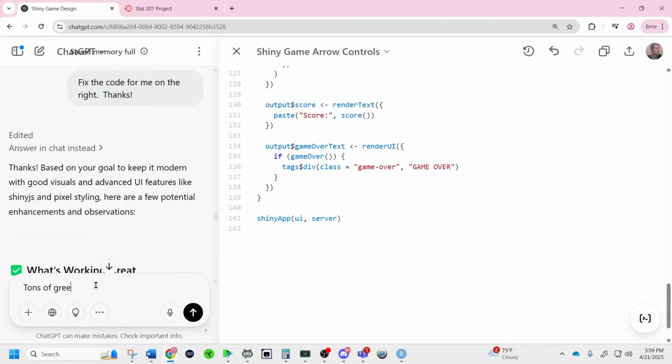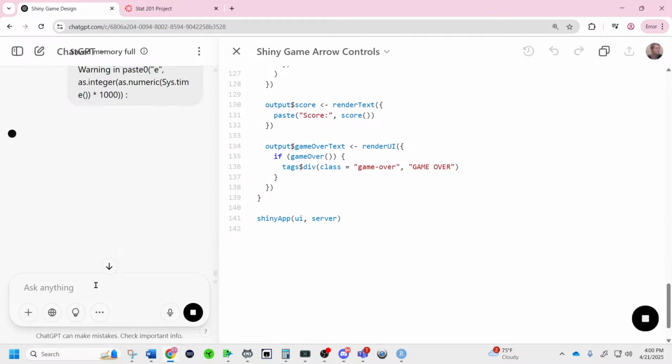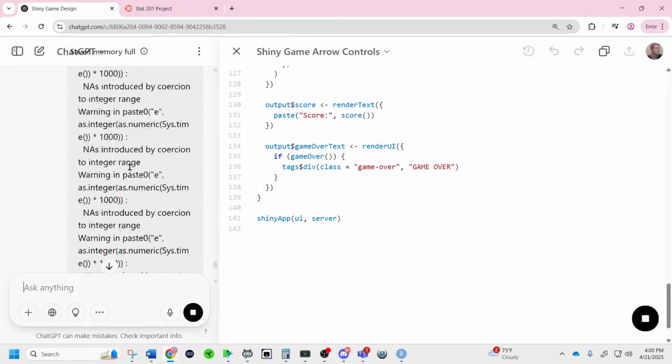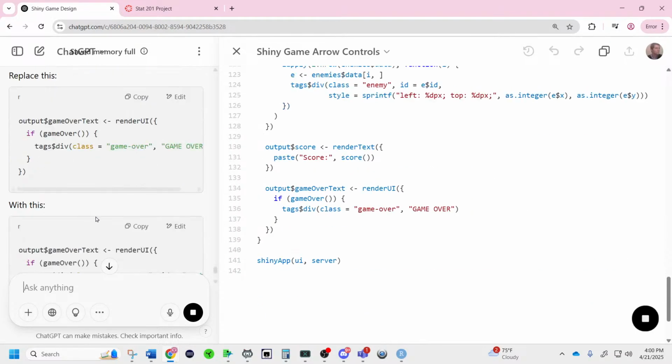Tons of green dots suddenly spawned and the game ended. It also spammed this in the console. Fix it. Bam. Is it doing it?